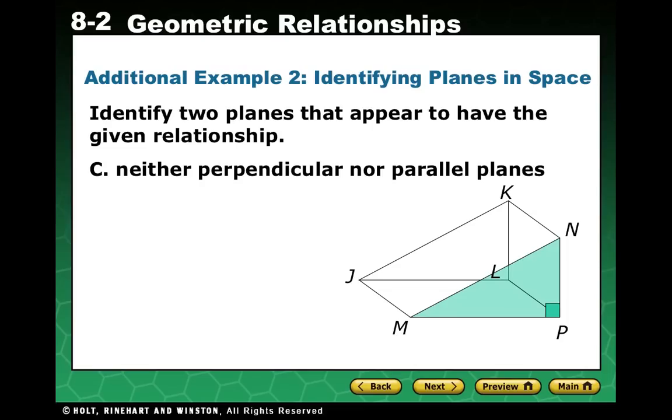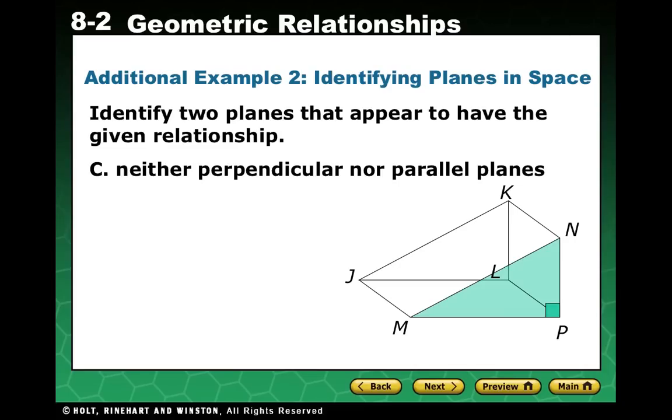Okay, neither perpendicular nor parallel. So we know that we named that front triangle on the back side. We know those are perpendicular. We know the two triangles are parallel. So we could think about that top quadrilateral and maybe the bottom quadrilateral.